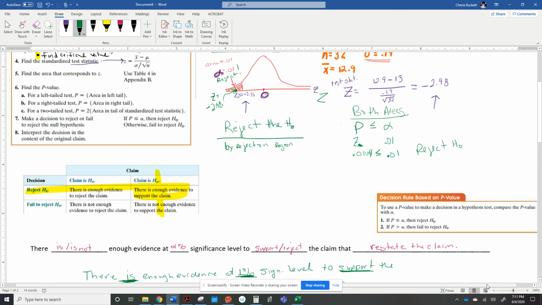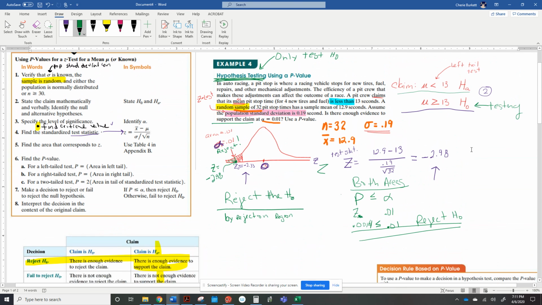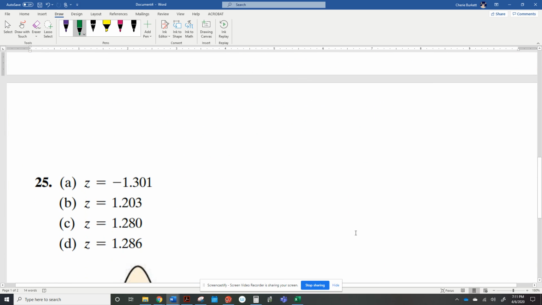So this is rejecting because of p-value. This was rejection by region. They should mean the same thing. But that is finally the end of that problem.